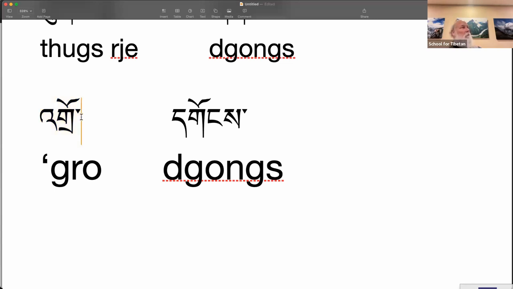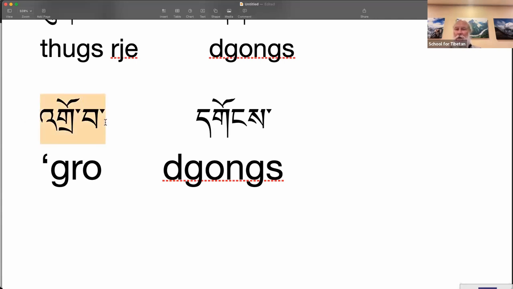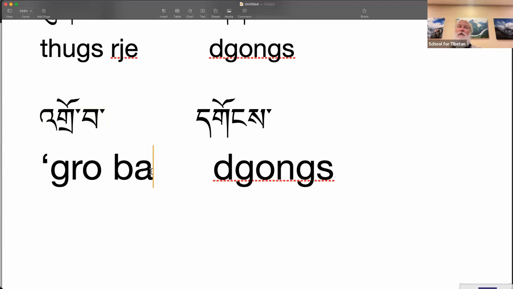So adding a suffix, pa, which is pronounced wa in this case, we will transcribe it as drowa. Forget about the pronunciation rules, but just to let you know, the pa, when it is the second syllable, is pronounced wa. Okay.